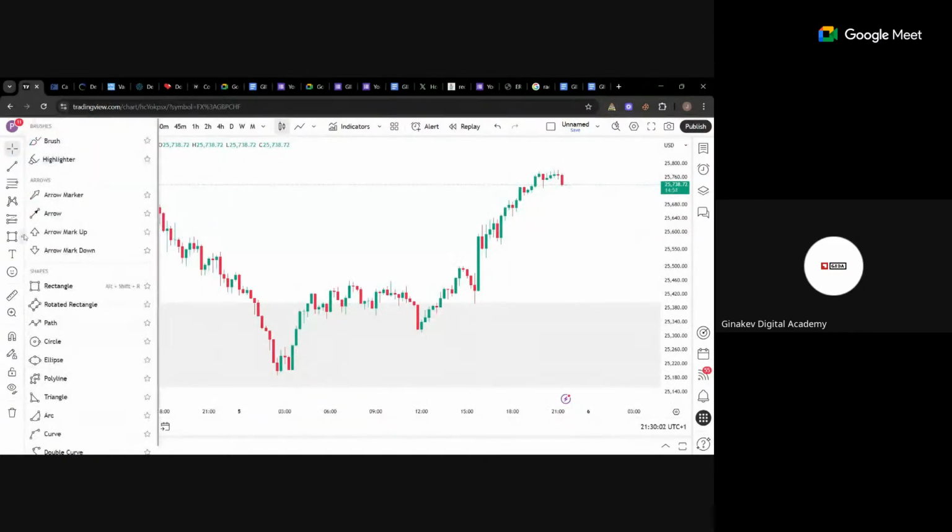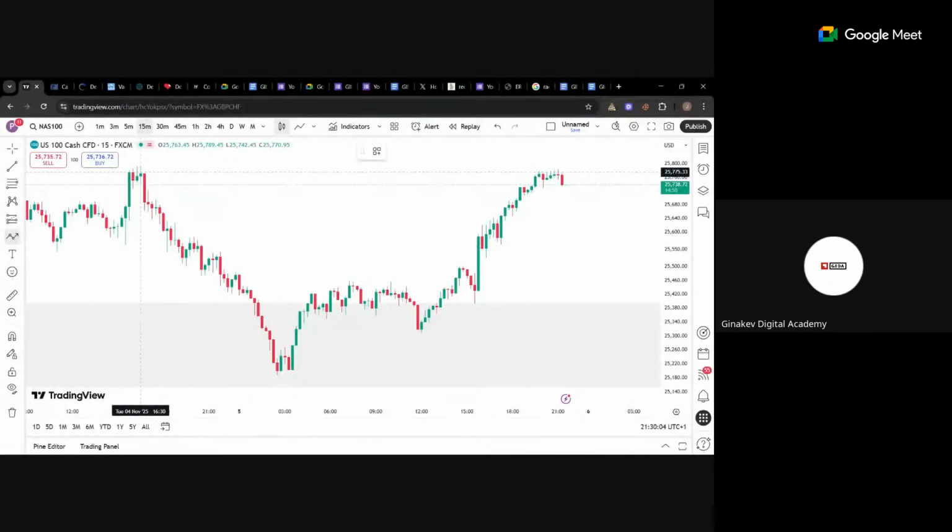Now let's take the paths. From this high to, let's say, this low. Here will be your lower high. Here will be your lower low. Here, lower high. Here, lower low. Here, lower high. Here, lower low.